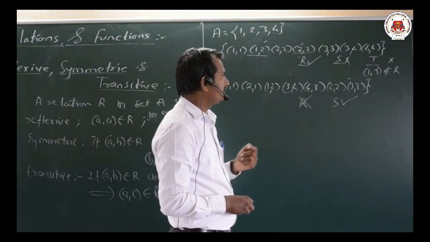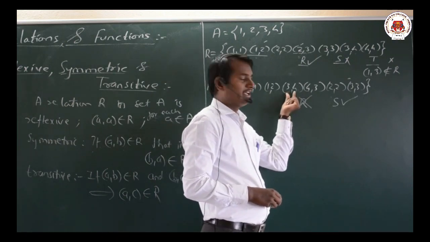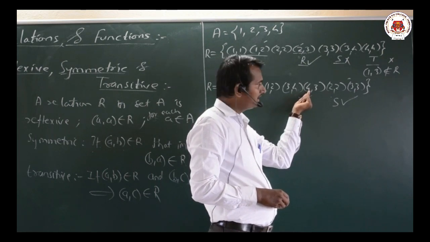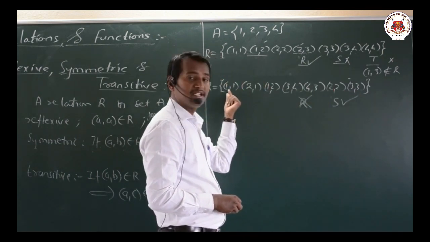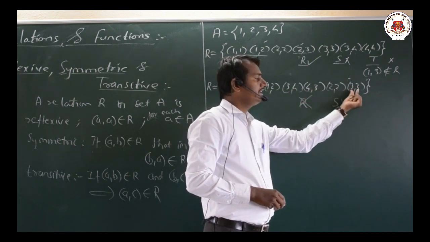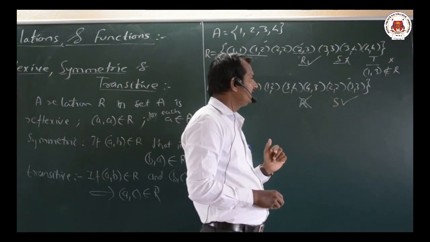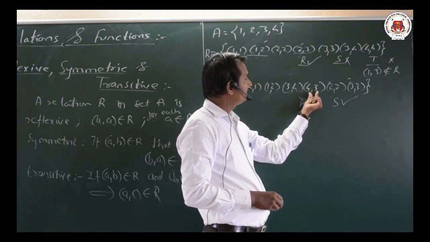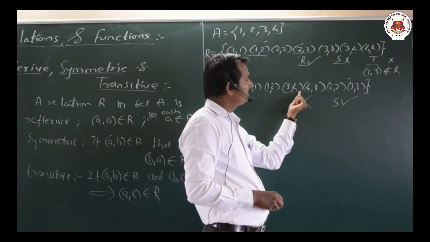Next comes here (3,4). (3,4) we have, anything starting with 4 here, none other pairs are starting with 4 here. (3,4), (4,3), therefore we are having (3,3). Next one, we are having (4,3), any other element starting with 3 here, we are having (3,4).